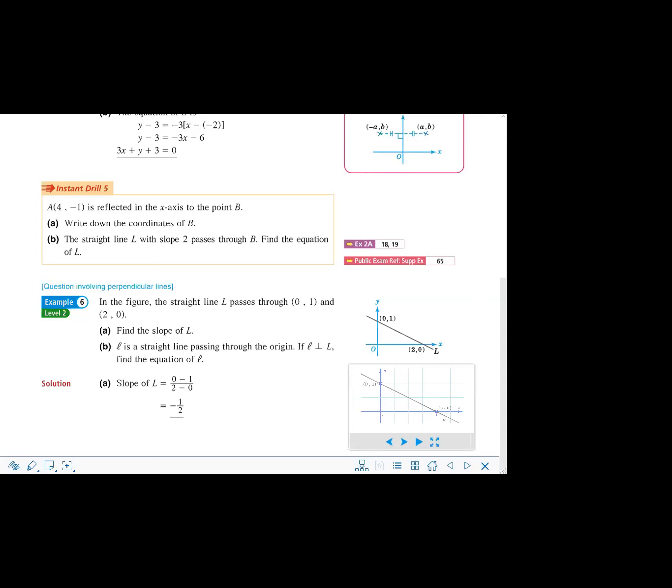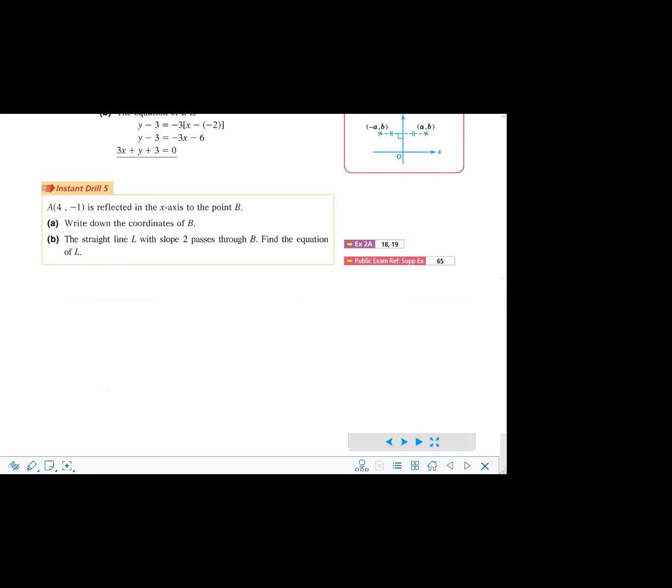Okay, instant drill number 5. Let us check the answers. The point A is reflected in the x-axis to point B. We have the x-axis and y-axis, and point A is 4, -1, which is somewhere here.